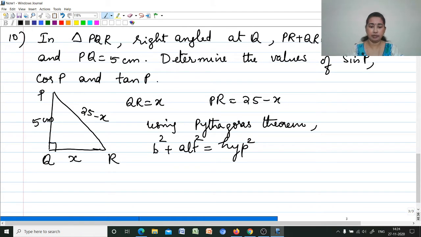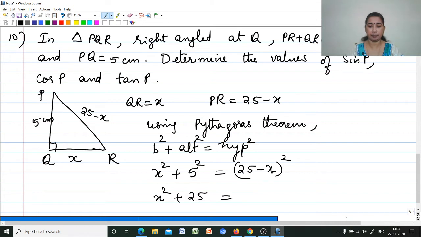And what is base? Base is x. x square plus altitude square, which is 5 square, is equal to hypotenuse square, which is (25 minus x) whole square. That is, x square plus 25 is equal to (a minus b) whole square, which is a square minus 2ab plus b square. So, 25 square minus 50x plus x square.